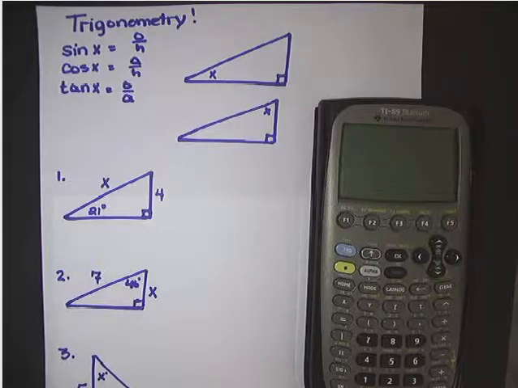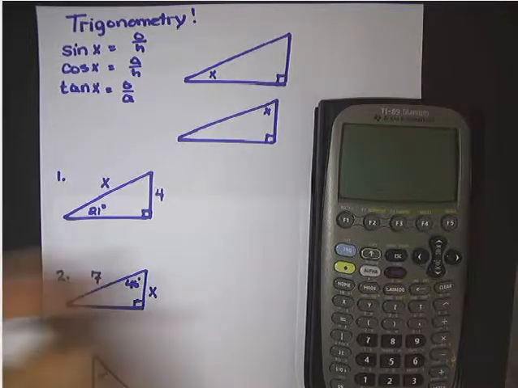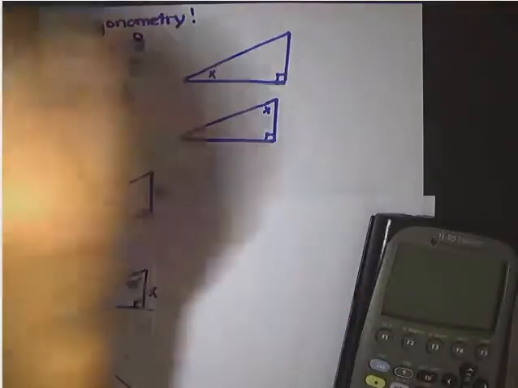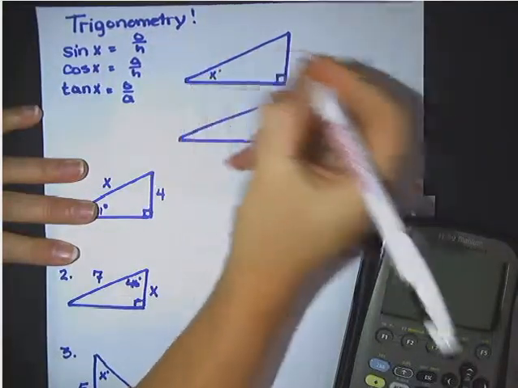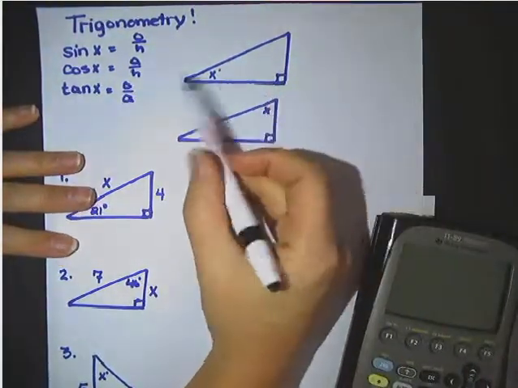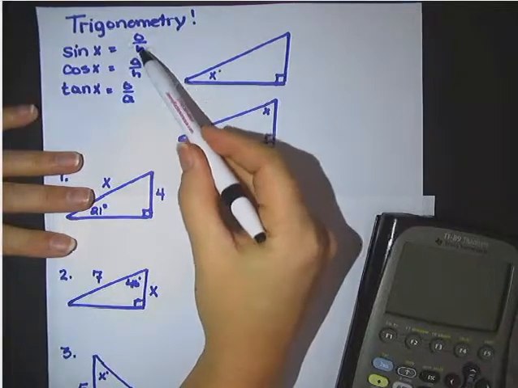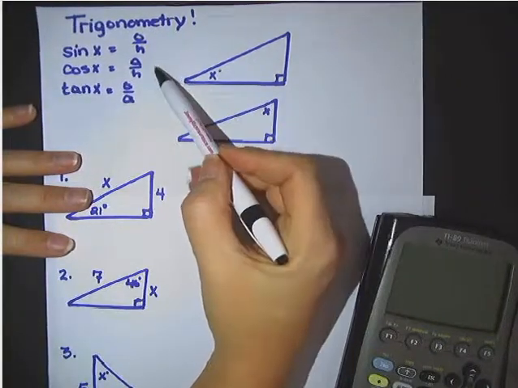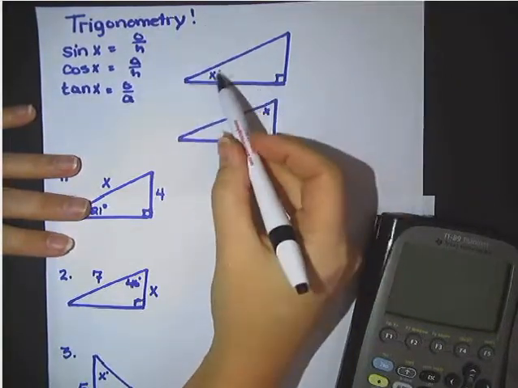Sine, cosine, and tangent are functions that, given an angle in a right triangle, give a ratio of two sides of that right triangle. So if we look at these first two right triangles, notice where your opposite, adjacent, and hypotenuse are. Your hypotenuse is always in the same place, but where your opposite and adjacent sides are totally depends on the angle that you're going to use.